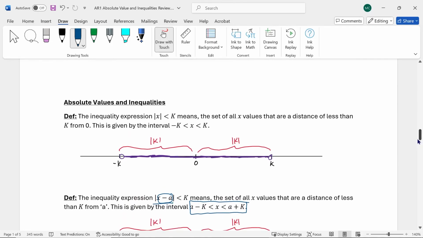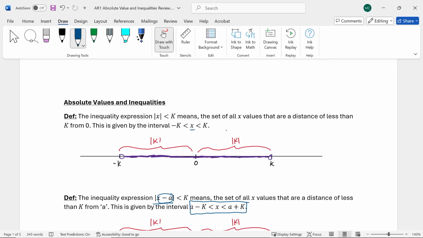Let's actually go back a step and make it simpler. The absolute value of x is less than k means that x is between negative k and k, right? We saw that connection between the distance being bounded by k and the interval being given by x between negative k and k, we can see that right in this picture.